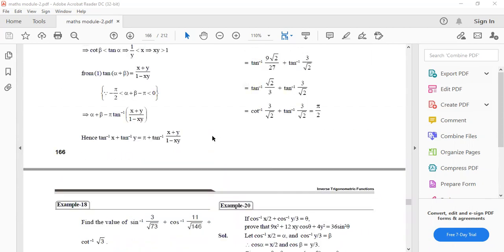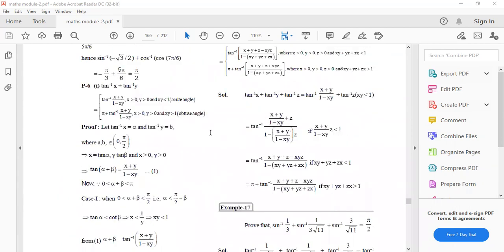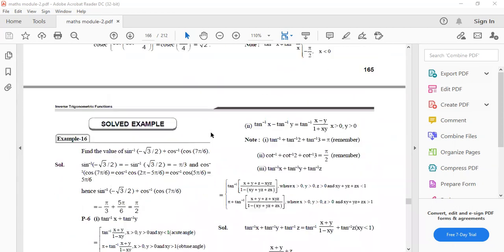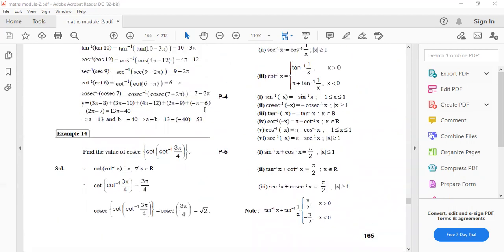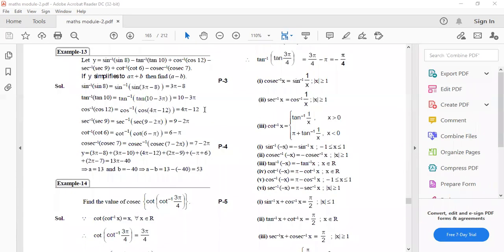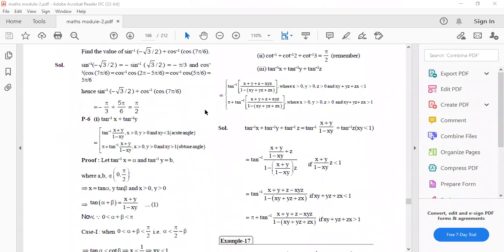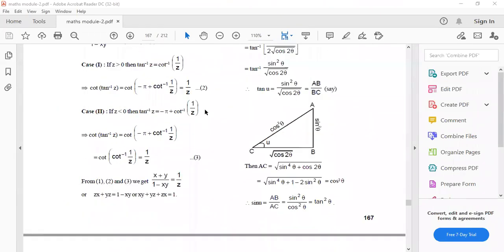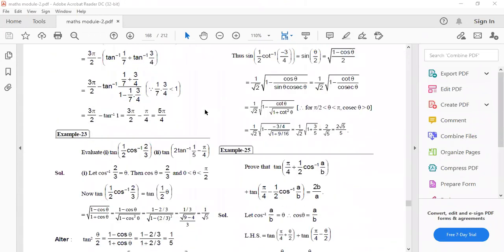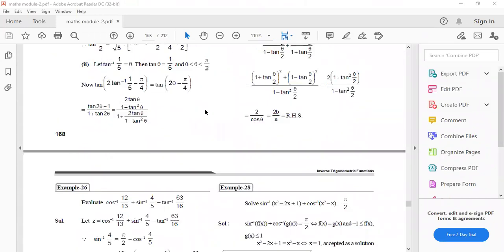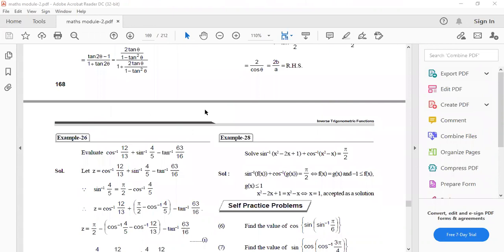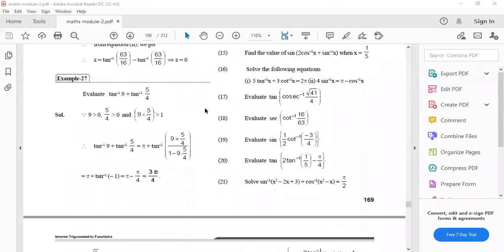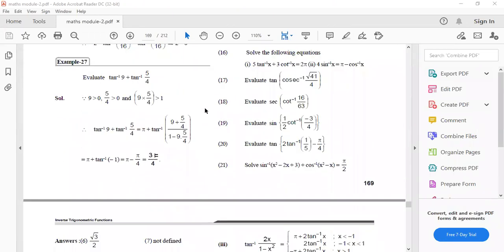There are formulas for sin inverse x plus sin inverse y, as well as cos inverse x plus cos inverse y. Let us check. Not given here. But even those are very much helpful while solving, because not everything is always in the terms of tan. They ask the question, you cannot expect every time in the terms of tan.